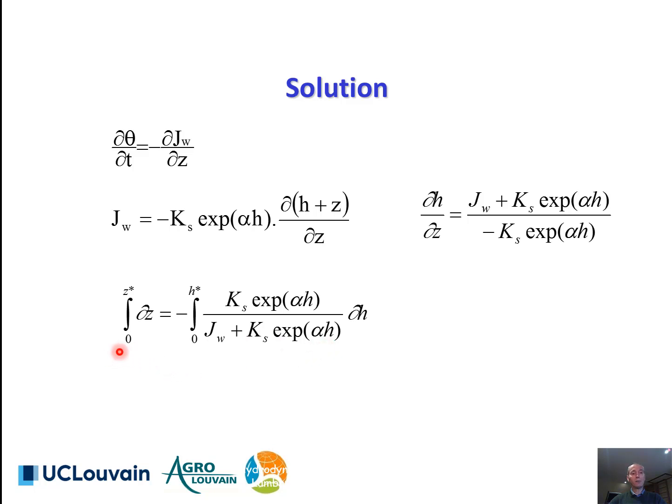Solving this equation means that we need to integrate over z and that we need to integrate over h. Our integration boundaries for z start at the level of the origin, which is situated at the interface between the soil and the groundwater table, and we integrate upwards up to a given depth, which we denote here with z star, and we integrate h from the groundwater table up to h star.